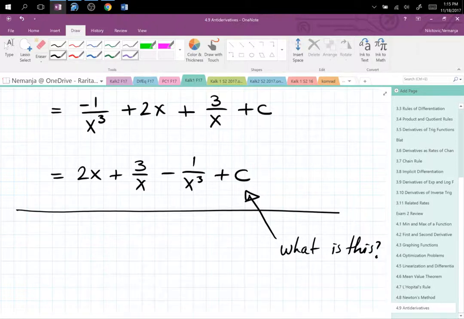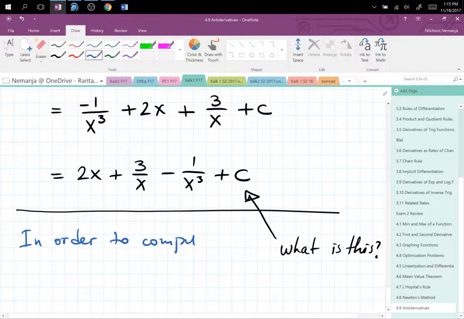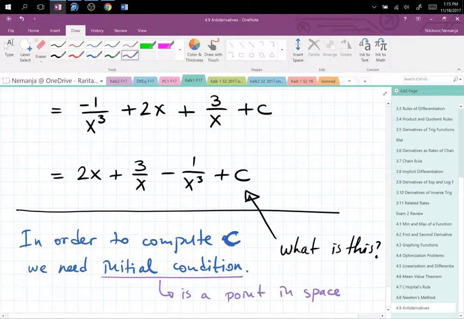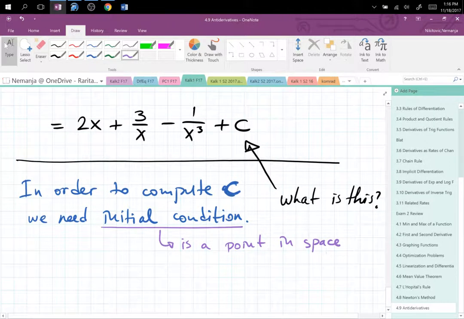In order to compute c, we need what we call initial condition. Now you might be asking, what is initial condition? Initial condition is a point in space.